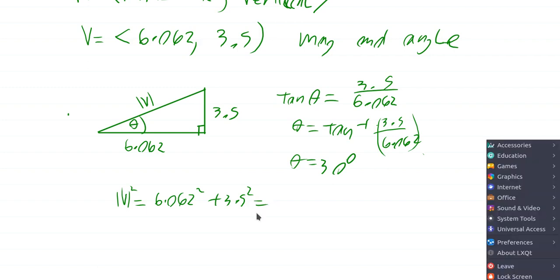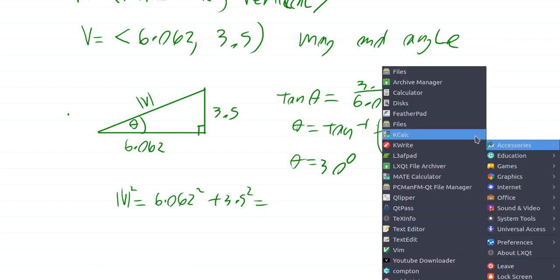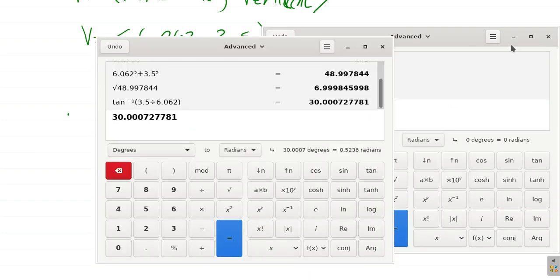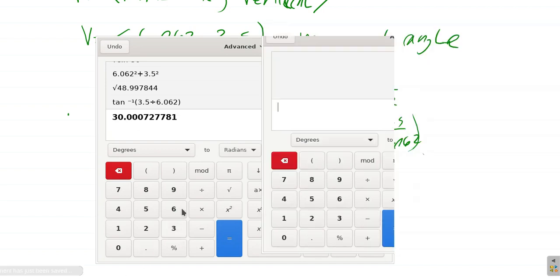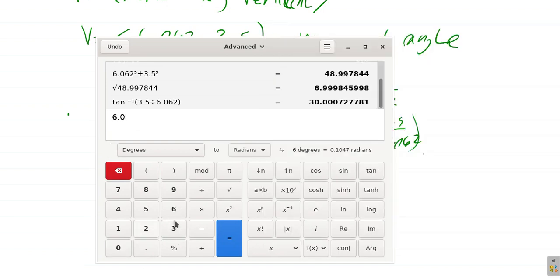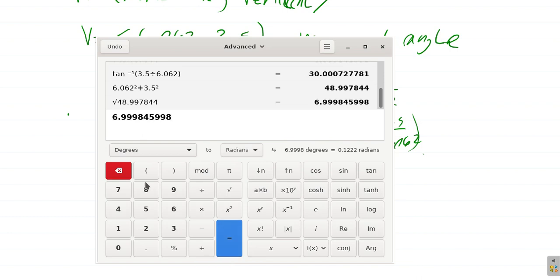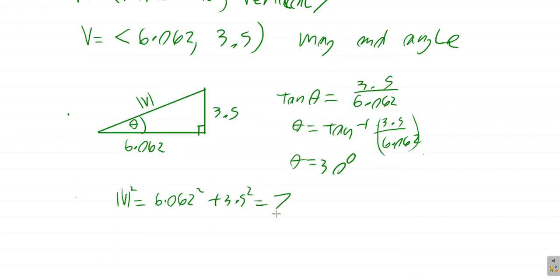When you do your calculation, you say 6.062 squared plus 3.5 squared, then square root, and you get 7.